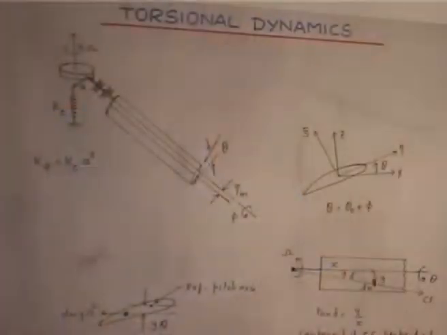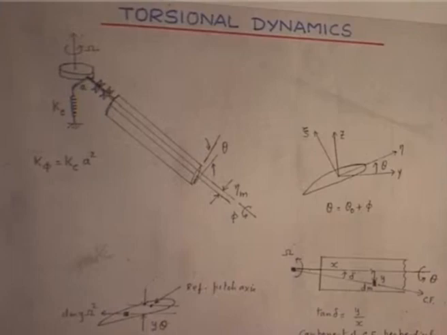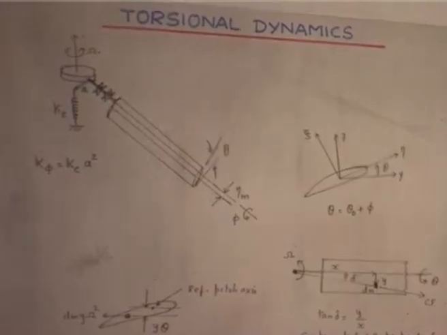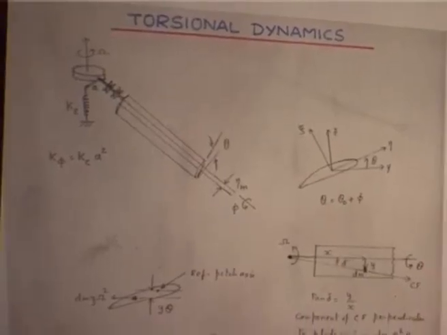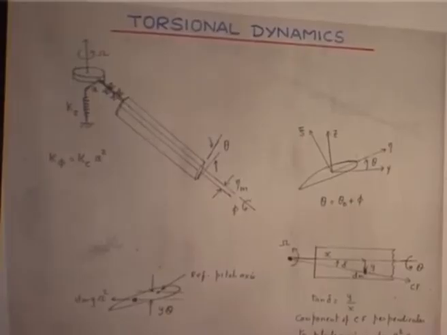Now, let us take the next case, which is the isolated torsional dynamics. It is a little interesting, but if you want, I will go through the whole, very simple model, please understand, very simple model.